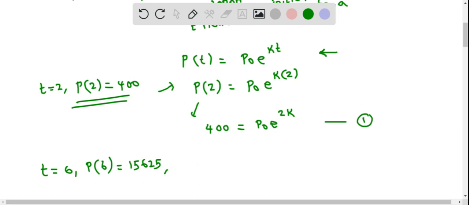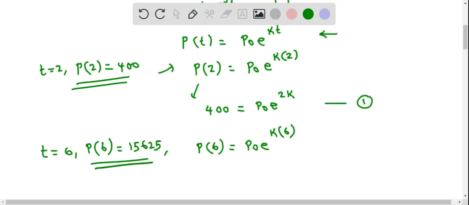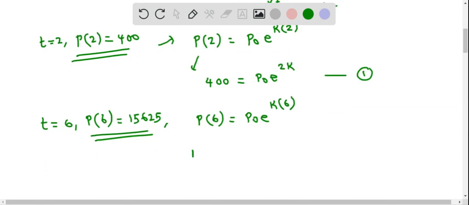We first replace t by 6, so P of 6 equals P naught e raised to the power of k times 6. We know that P of 6 equals 15,625, so 15,625 equals P naught e raised to the power of 6k. Let's say this is equation number 2.